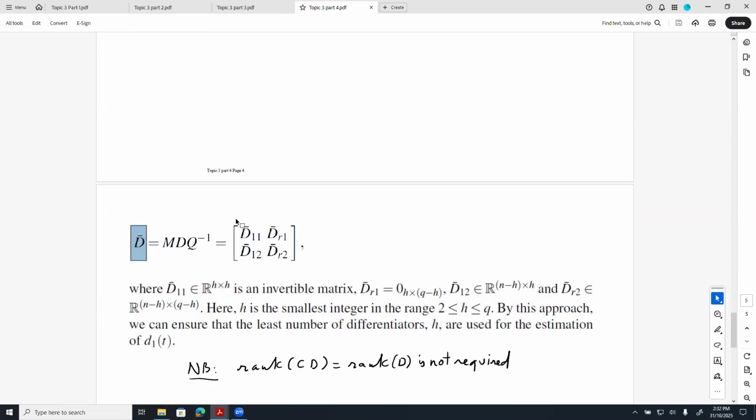Again, it's expressed in this form, where that block there is now an invertible matrix of dimension h by h. h is the smallest integer in the range from 2 up to q. We know that up to q, if the observer matching condition holds, it's always possible, but we don't want that. We want it to be less than q.